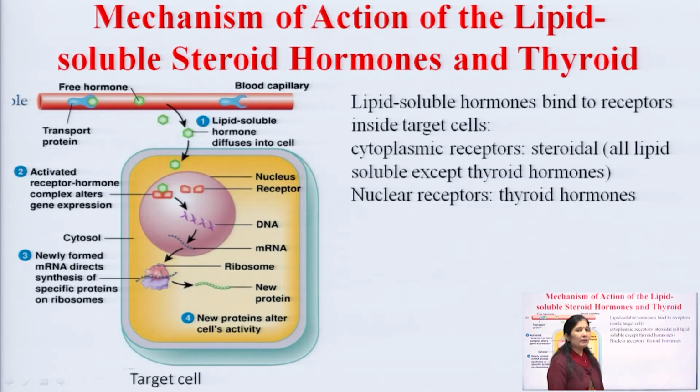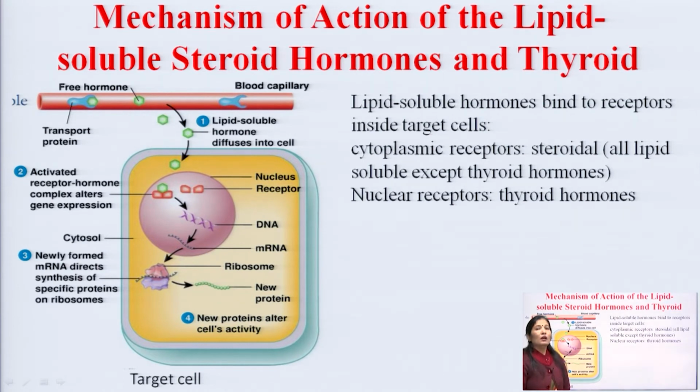Now coming to the mechanism of action of lipid soluble hormones, that is very important: how hormones produce their action. We need to understand it clearly. Lipid soluble hormones, for example steroid hormones and thyroid hormones, first enter the blood from the interstitial fluid, and from the blood they go to the cell.